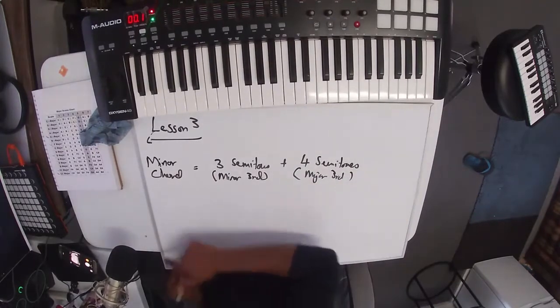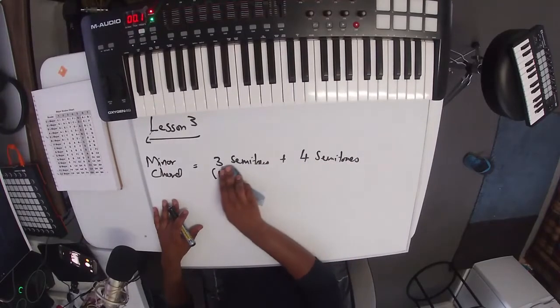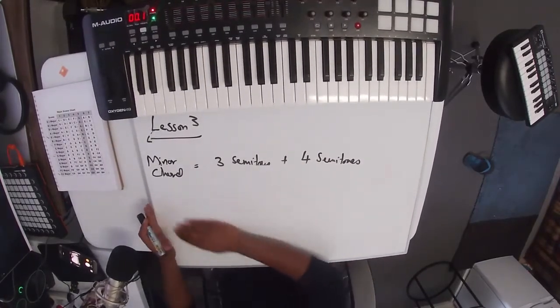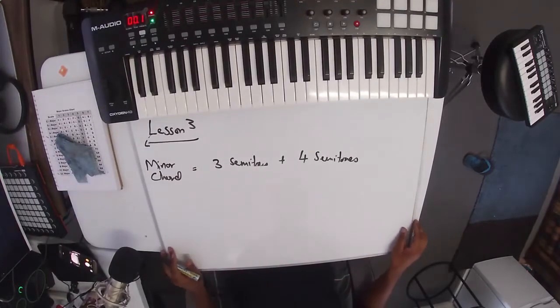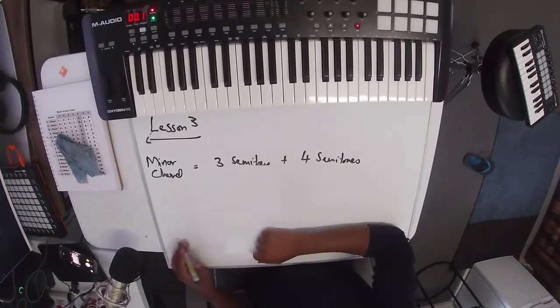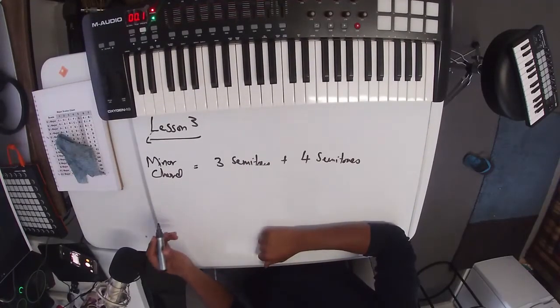As I said, I'm not going to look too much into intervals. It's just good to know. If you want to research, the information is there on the internet. So let's go for it. Let's say we're making a C minor chord.